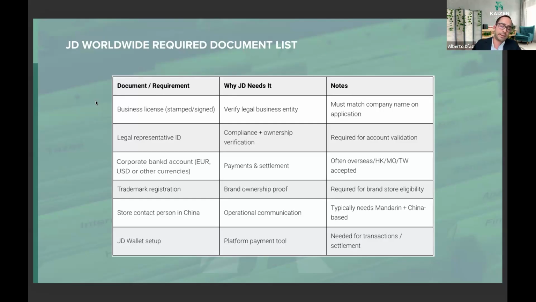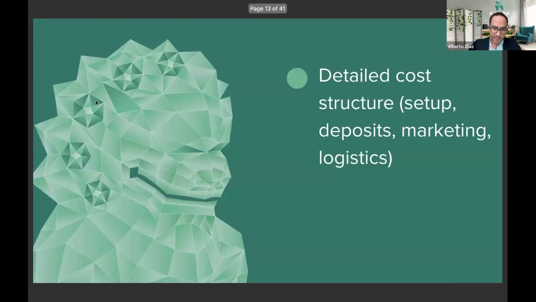And finally, the wallet setup. The wallet is basically the software or the payment gateway that you will use to receive funds from the Jingdong system into your international bank account in euros, dollars, etc. That will be set up also during this review week, and it is also pretty straightforward to get in place.